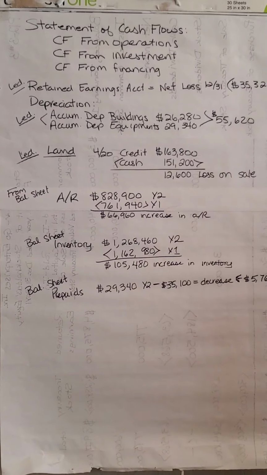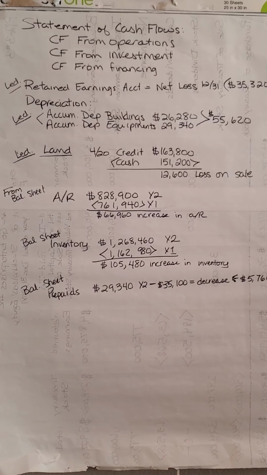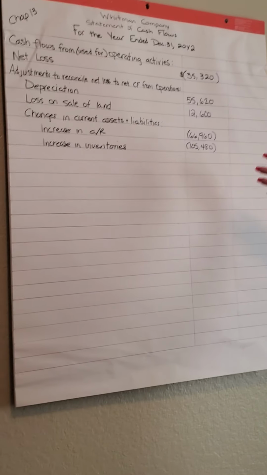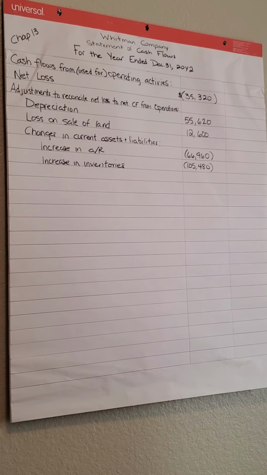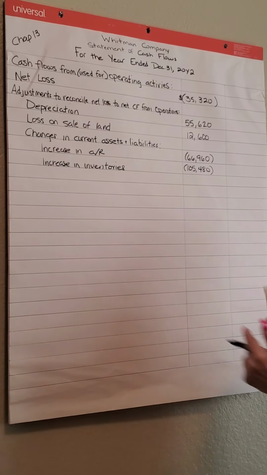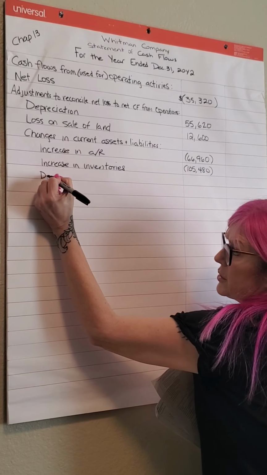We used some of our prepaid expenses in earning the net loss from the year, but that's not a cash expense, so we're actually going to add that $5,760 back in.